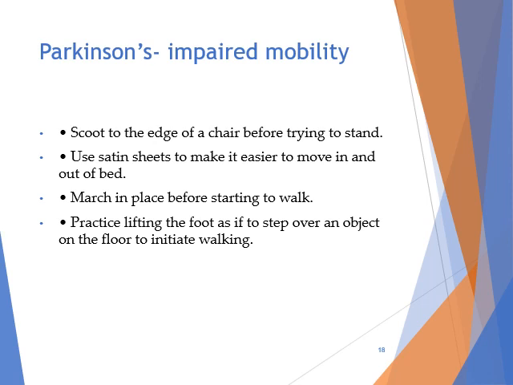One idea is scoot to the edge of a chair before trying to stand up. Use satin sheets. Oh, yay! Finally, a good excuse for satin sheets to make it easier to move in and out of bed because they have impaired mobility. Satin sheets, have you ever been on one? You just slide right on or off.